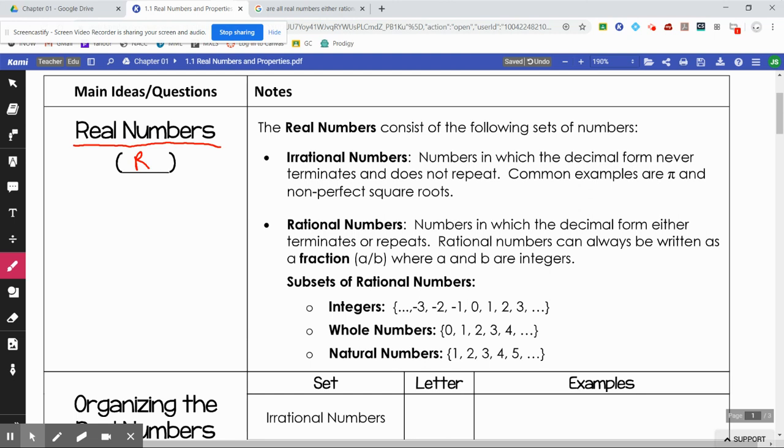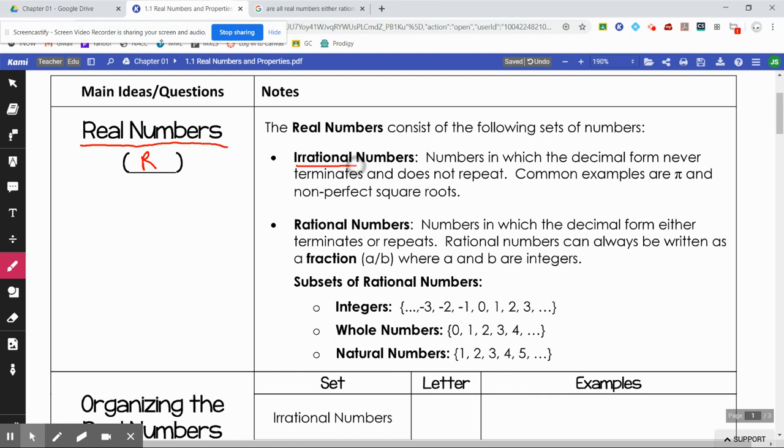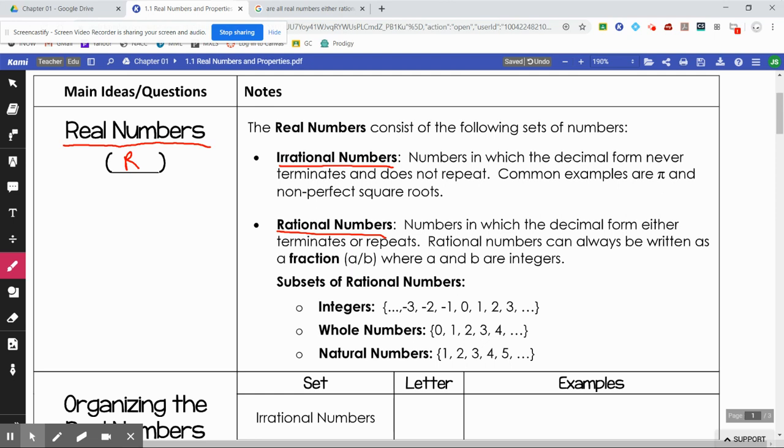So if you have a real number, first off, it's either going to be irrational or it's going to be rational. It can't be anything else besides irrational or rational. And irrational numbers are numbers in which the decimal form never terminates or stops and does not repeat. So common examples are pi. That's probably your most common example of an irrational number.